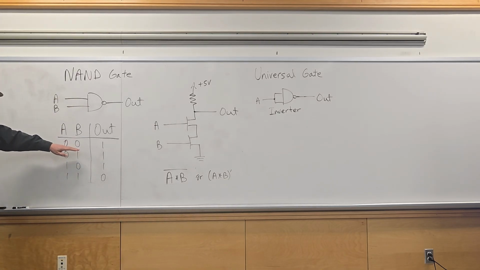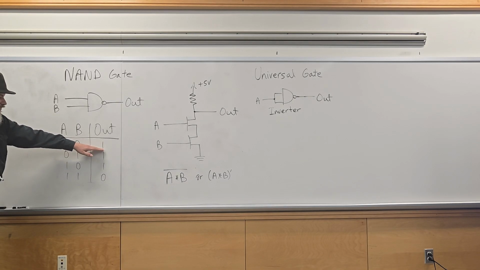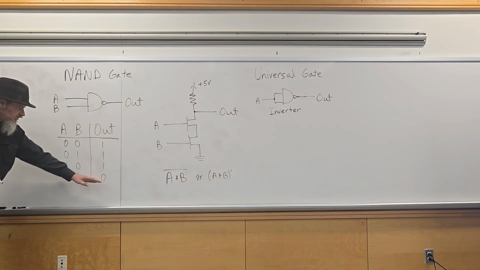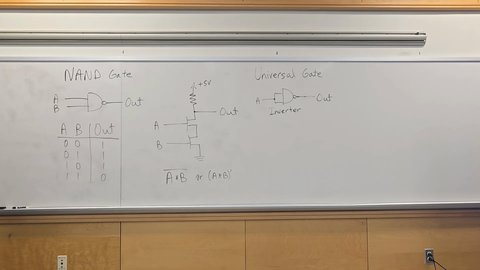So that would be this line here. If the two inputs are 0, the output will be 1. If the two inputs are 1, the output is 0. If the two inputs are tied together, these two are irrelevant.